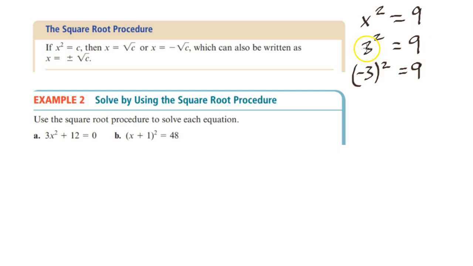There's a positive 3. So in this case, we can see that x is equal to positive 3, because notice that we're plugging in 3 and negative 3 in for x. So x can equal positive 3 and negative 3.